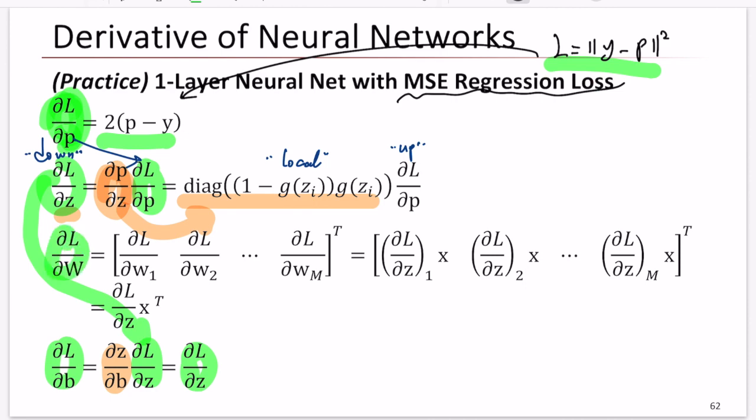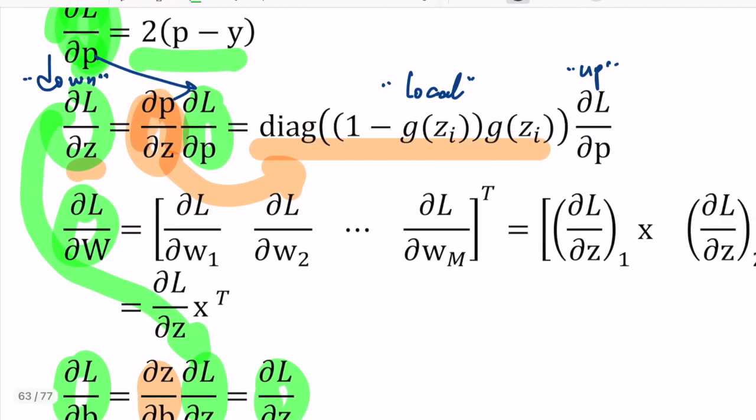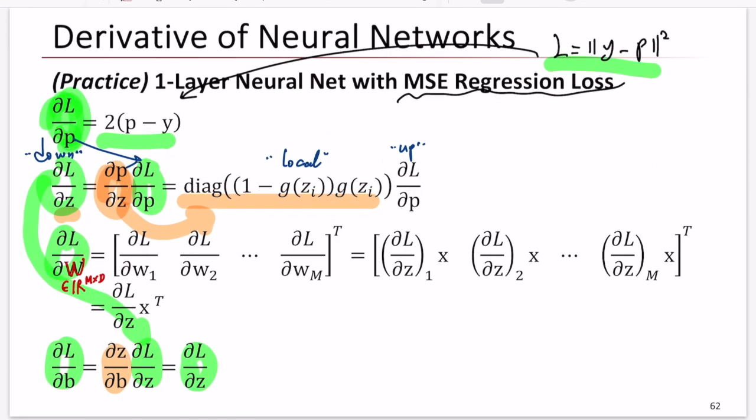Similarly, when we try to compute L over W, there is a problem. W, in our case, was the m by d matrix, so it's not just a vector. So far we just discussed the vector to vector case or the vector to scalar case, but W is a matrix. W consists of w1 transpose, w2 transpose, up to wm transpose as row vectors.